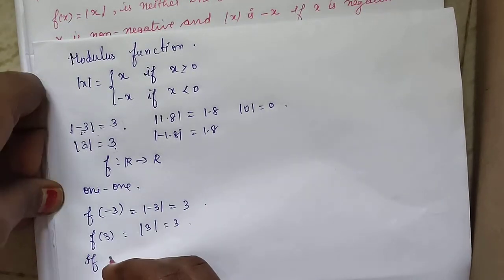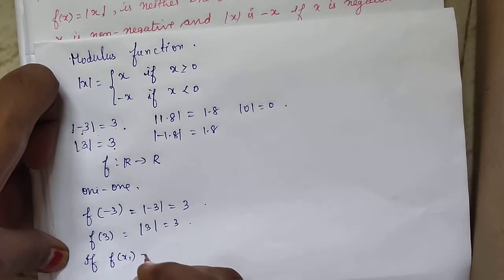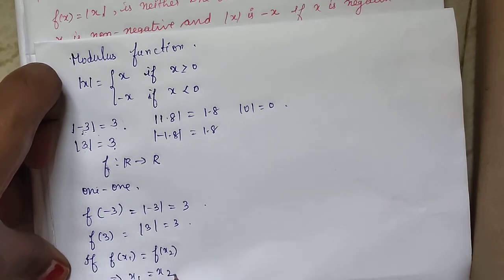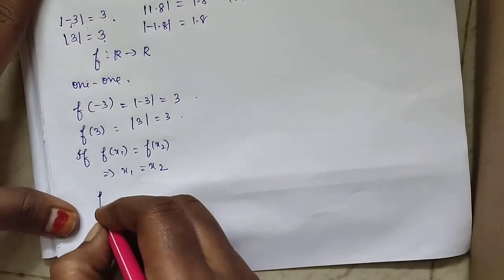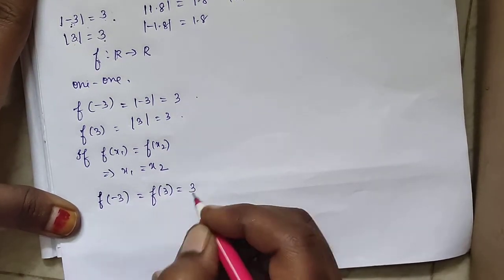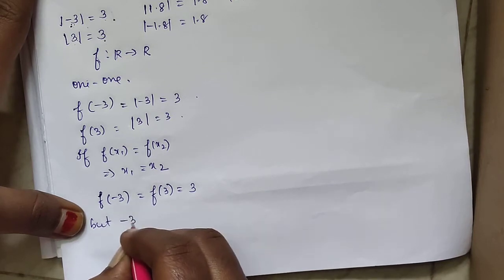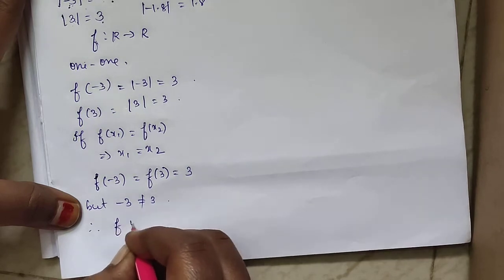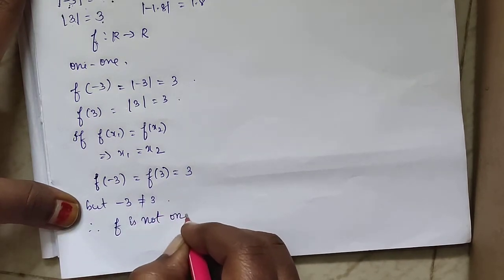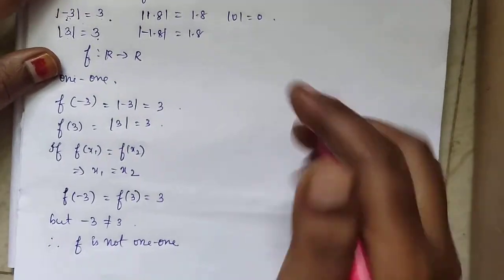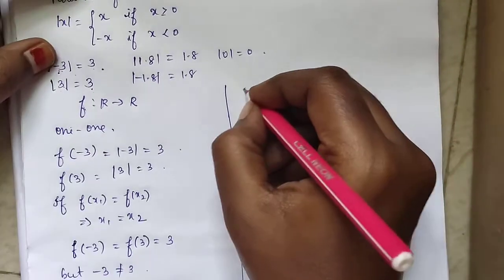If f of x1 is equal to f of x2 implies x1 should be equal to x2, but here f of minus 3 is equal to f of 3 is equal to 3, but minus 3 is not equal to 3. Therefore, f is not one-one. Now, let us prove for onto function.